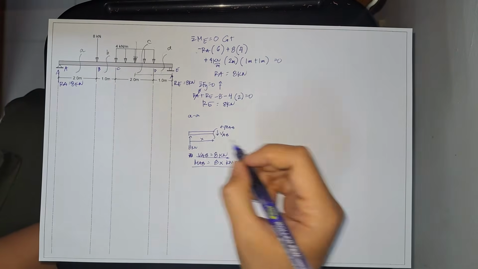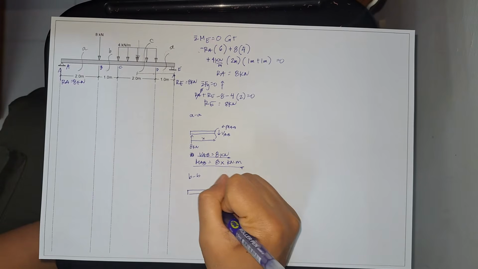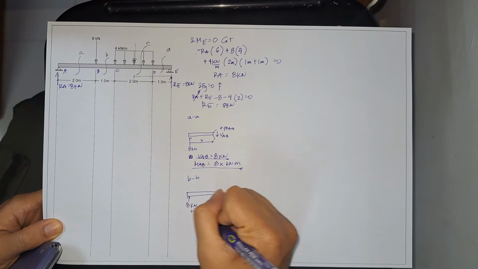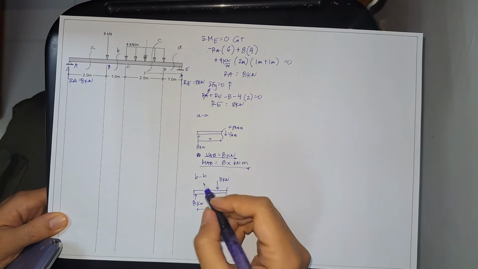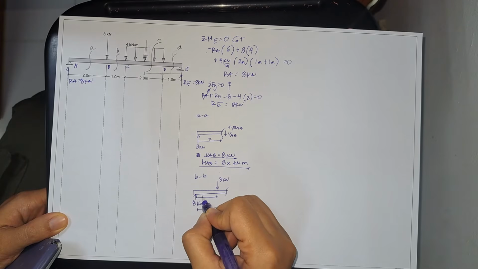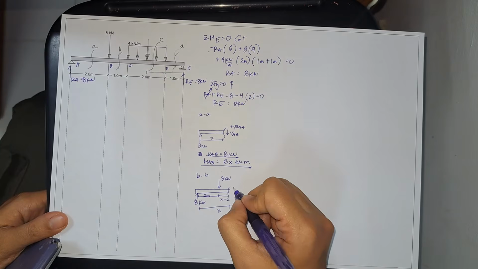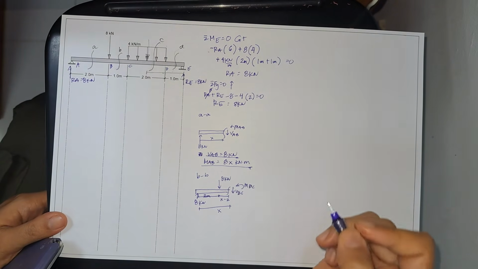Next, for BB, distance x, then meron na po tayo ditong 8 kilonewton. This is distance 2 meters, x minus 2. So nandito na po yung ating shear at segment BC and then moment BC.